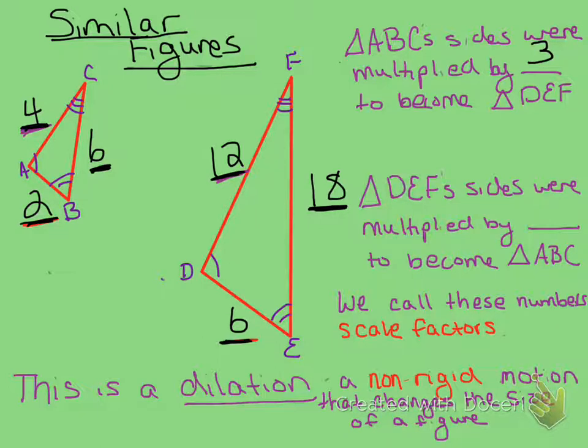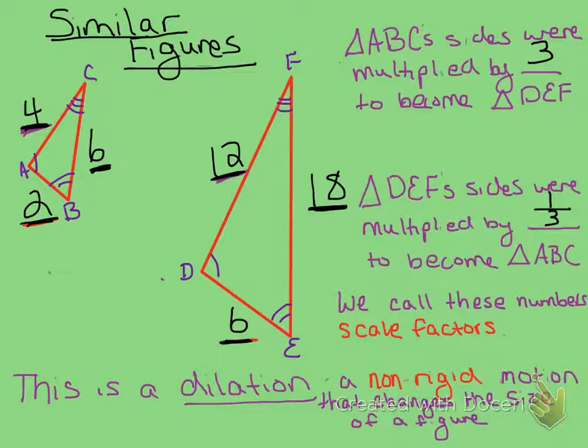Well, your first thought is that they're divided by 3, but we need to know what they're multiplied by. So if we know something is divided by 3, it's actually multiplied times the fraction 1 over that number, 1 over 3. So triangle DEF sides were multiplied by 1/3 to become triangle ABC.